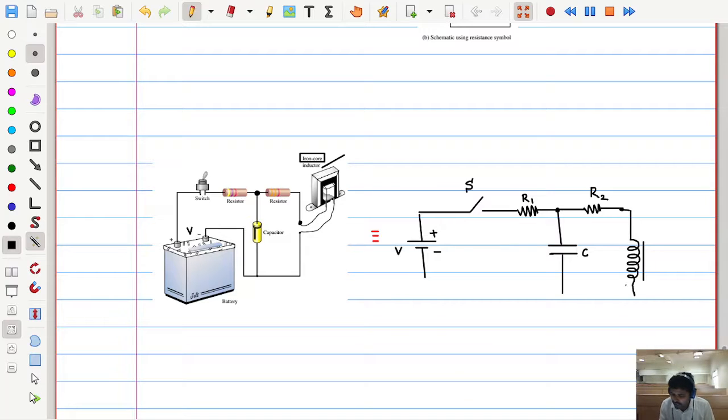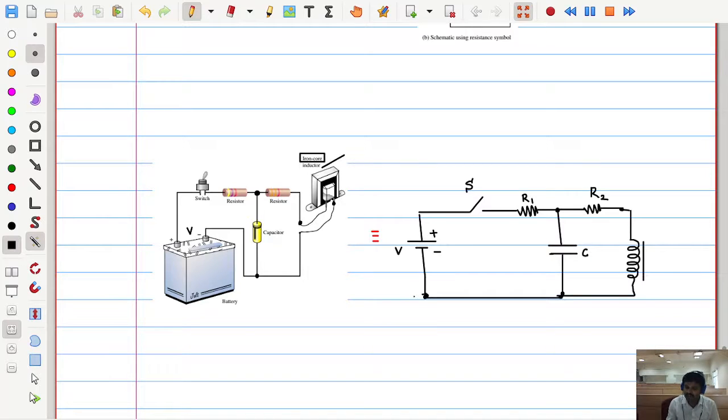Okay. And where is it connected? The other terminal of the inductor is connected back to the capacitor, and the capacitor junction is connected to the battery's negative terminal. So this is the realistic circuit made into a schematic diagram. In this way one should make the schematic diagram of any circuit.